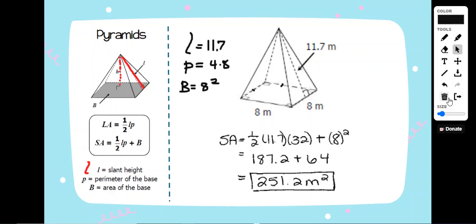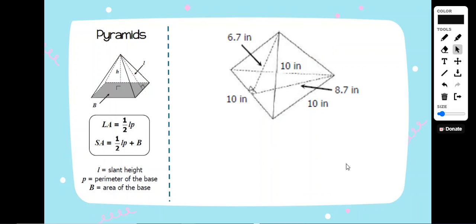Now, there are a lot of obnoxious things about calculating the surface area of pyramids, okay? One of the obnoxious things is that the diagrams of pyramids just kind of suck. Why do the diagrams of pyramids suck? I don't know. They just appear to be the awkwardest of shapes. So a lot of times it can be really hard to tell what it's pointing at, right?